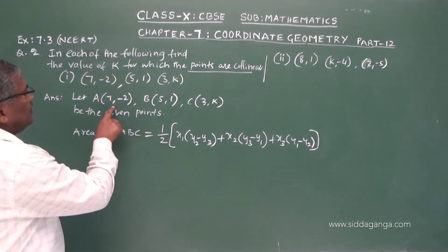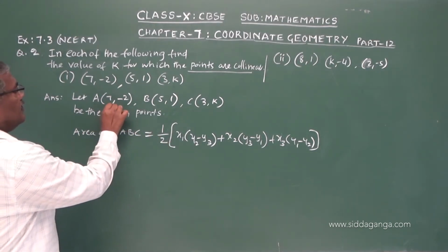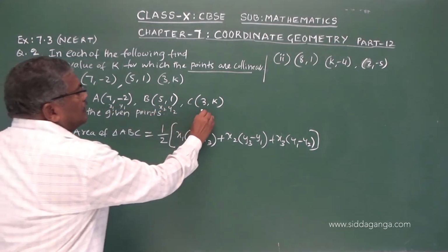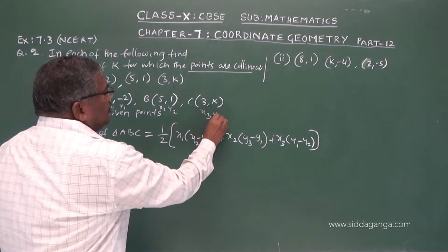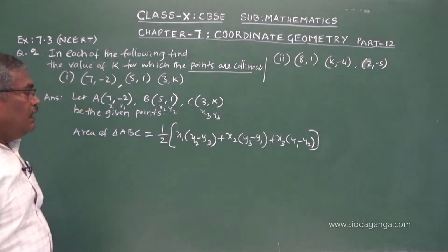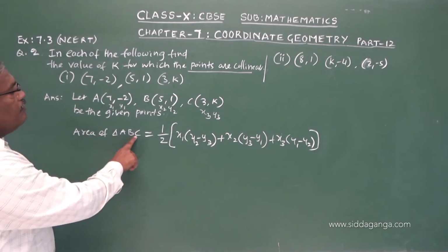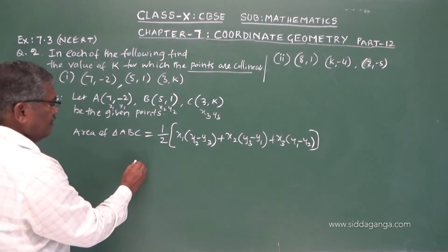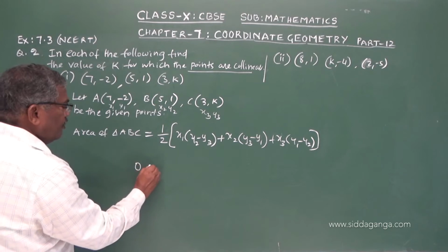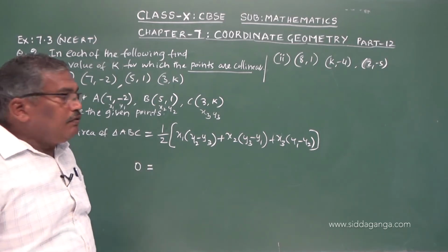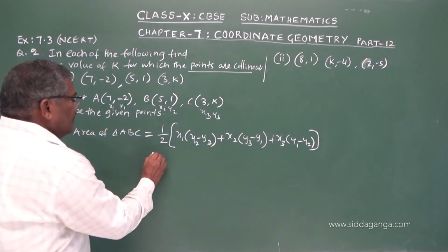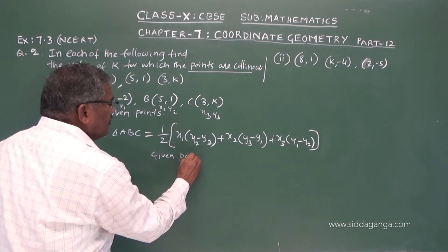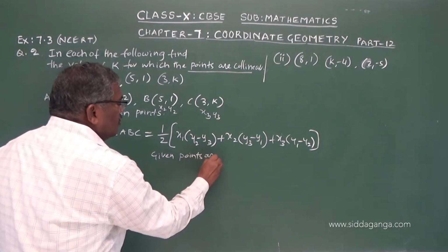Here, this is (x1, y1), (x2, y2), and (x3, y3), and the area of the triangle will be 0 because the given points are collinear. So I will take the left hand side as 0.